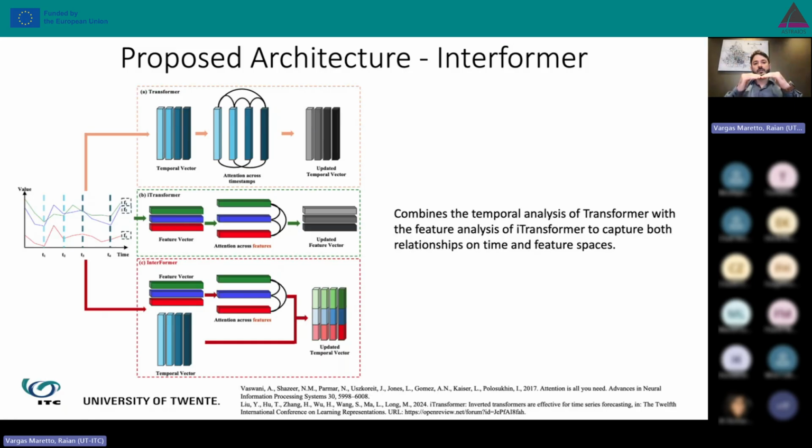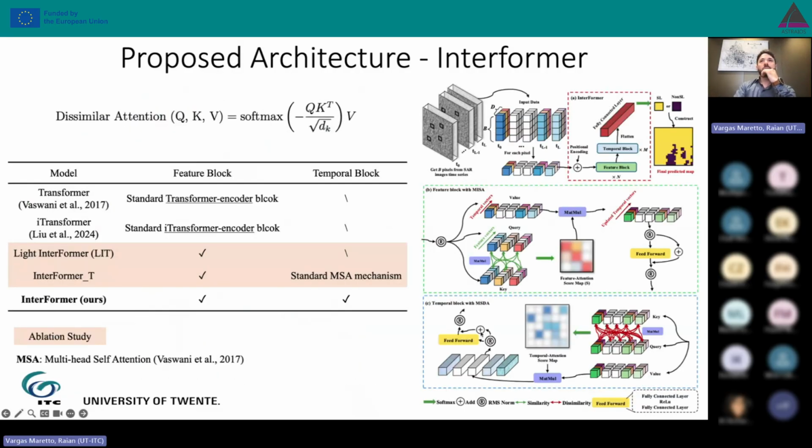It combines the feature vectors and analyzes the feature vectors, but that also generates a limitation on the temporal relation among the timestamps. Therefore, we combined the two of them in what we have called the Interformer. Based on that, we generated a model that makes more powerful analysis in space and time. So here is a bit of the structure of the Interformer and how it is done.